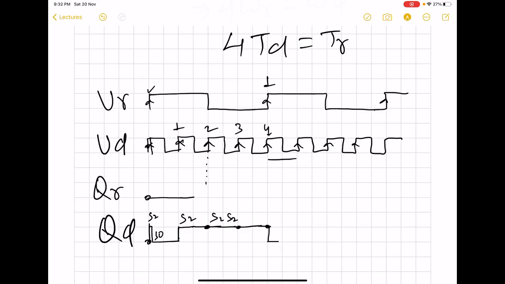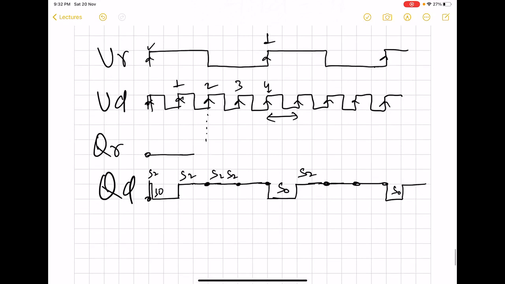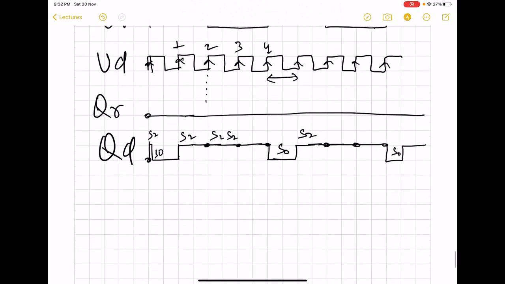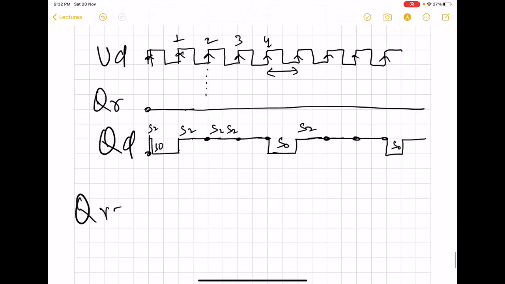But then after a short duration of this much, again the system will be pushed to state 2. So here we see that it will again remain in state 2 for a long duration, and then be brought back to 0, and then again pushed back. So here we see that we have a wide pulse for QD and 0 for QR. So now if we see QR minus QD, we are going to get a negative pulse.